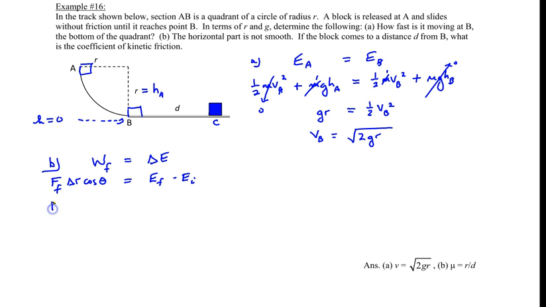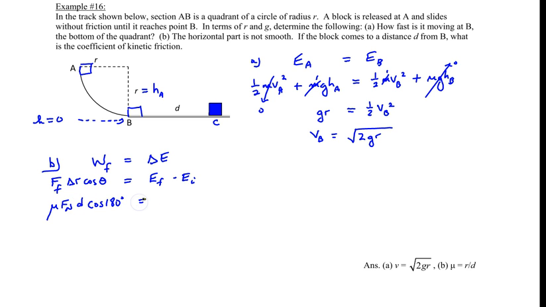So we can continue a little bit on the right side. Let's replace the force of friction with mu F_n. Let's replace the distance delta r that it slides with d, shown in the diagram, and the angle between the force of friction, which is in the opposite direction that it's moving from B to C, since the force of friction is acting in the negative x direction, would be a cosine of 180 degrees.